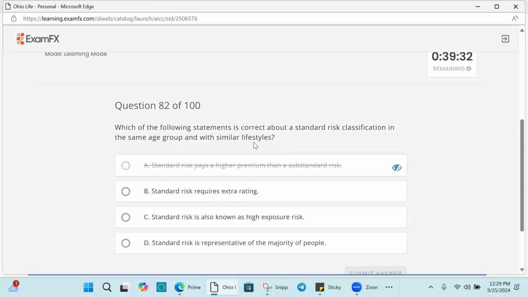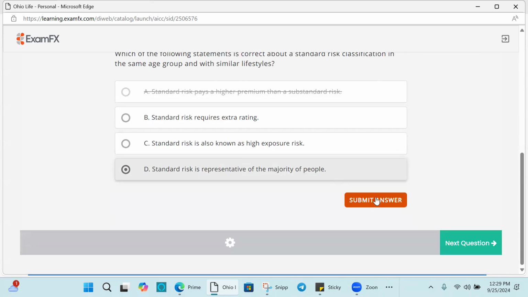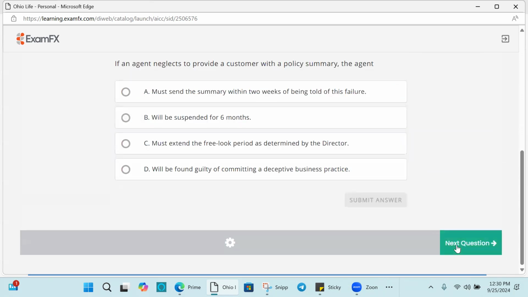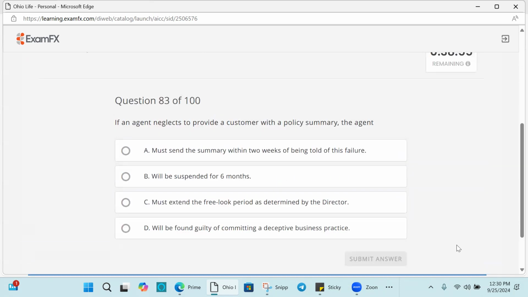I'm thinking of D. So the standard risk is a representative of the majority of the people, right? Most of the people fall into the standard risk category. They're looking at the majority and don't want to spend more time, so the standard is where they start.